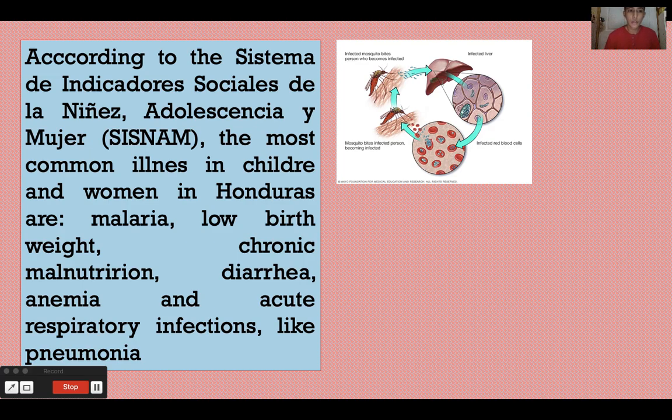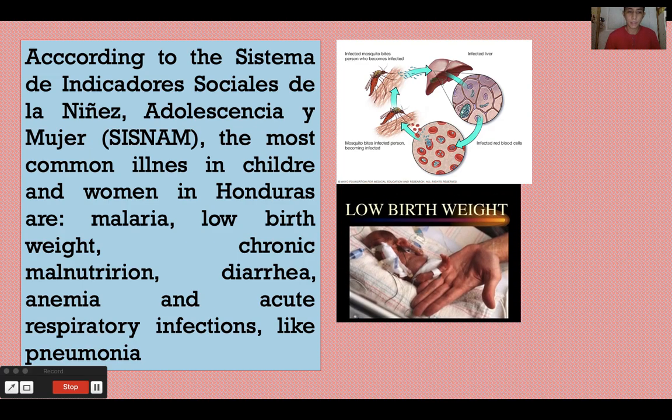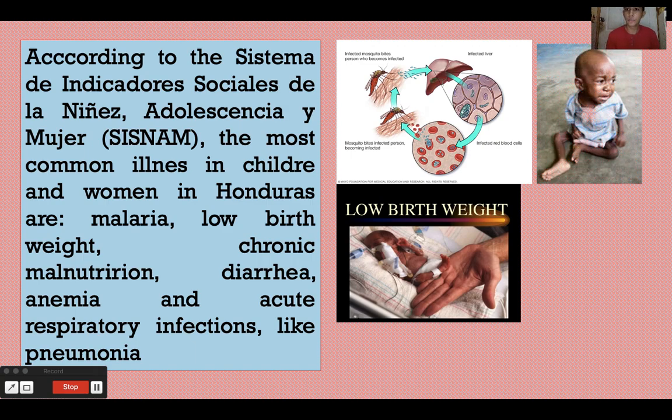low birth weight, okay, that is when a baby is born with lower weight than expected for when they are born. Chronic malnutrition, that is a common disease here in Honduras and in other countries too.